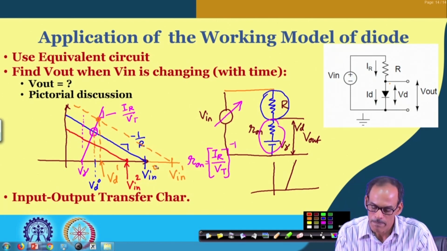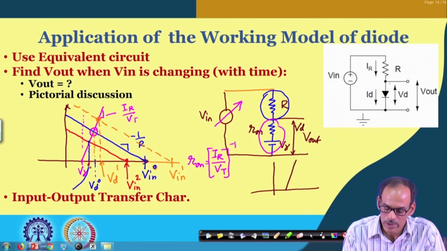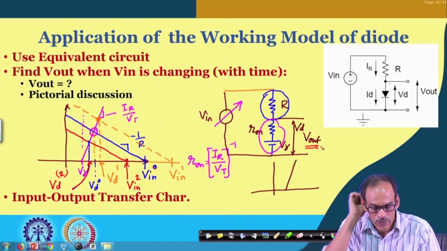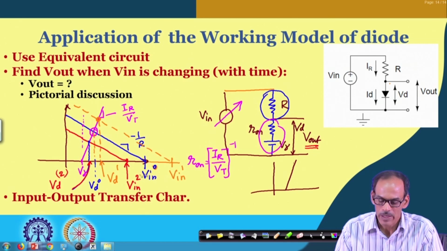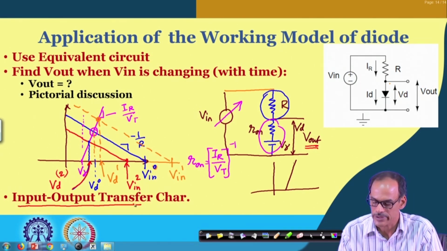So, now we do have V in 0, V in 1 and V in 2. The corresponding output here will be V d 2, and all these V d's are essentially the same as V out. So, for different values of V in, if I see the corresponding V d or V out, what I get is the input to output transfer characteristic.